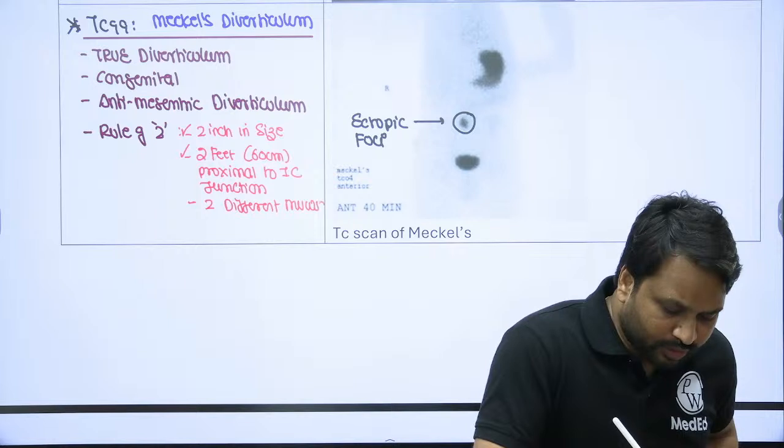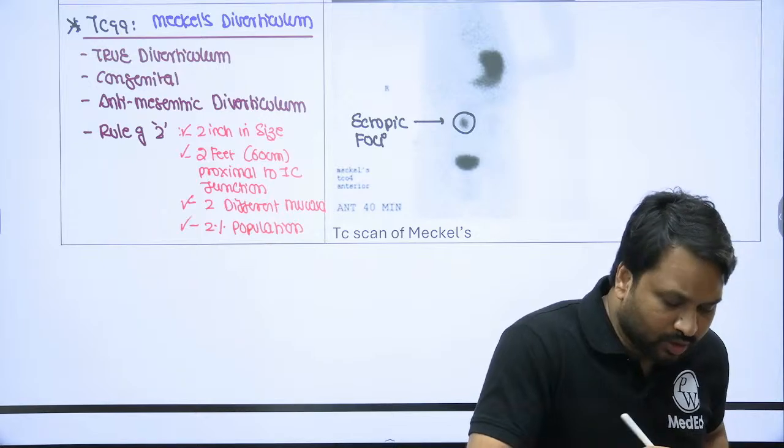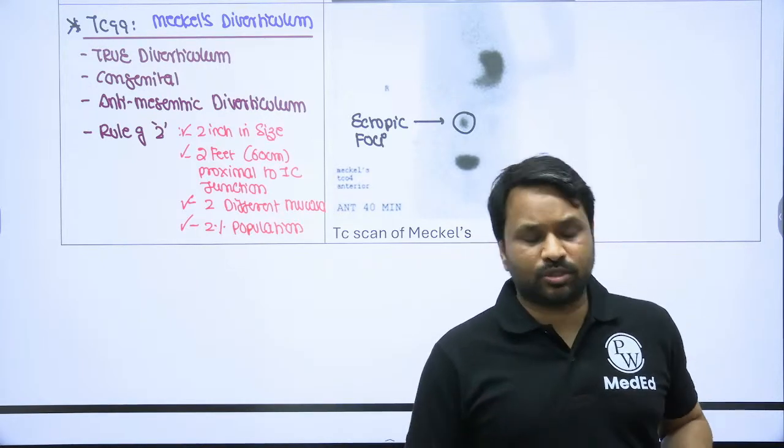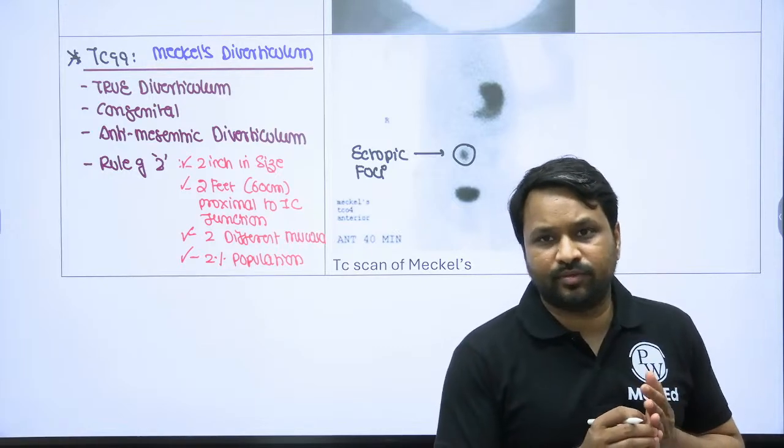It has got two different mucosa, and it is seen in 2% of the population. This is the most common congenital disorder of the intestine, right? That's about your Meckel's diverticulum.